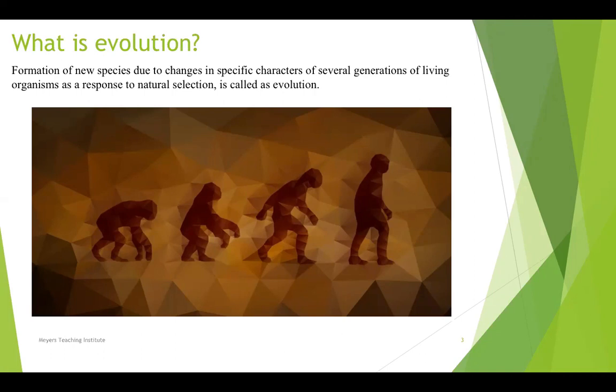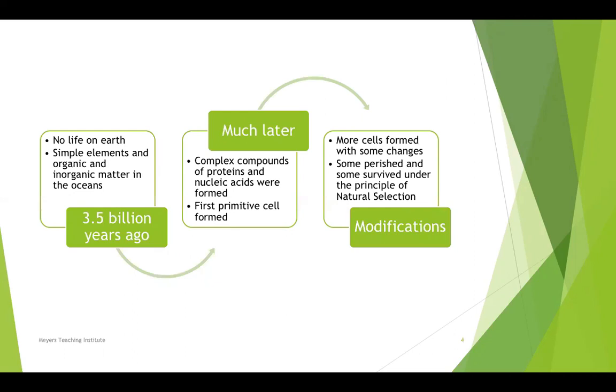Though evolution started about 3.5 billion years ago, life had not been existent on Earth at the very beginning. However, there were only some simple elements in the ocean and some organic and inorganic compounds that may have been present at that time. Eventually, complex compounds like proteins and nucleic acids that formed gave rise to the first primitive type of cells by a complex mixture of different types of organic and inorganic compounds.